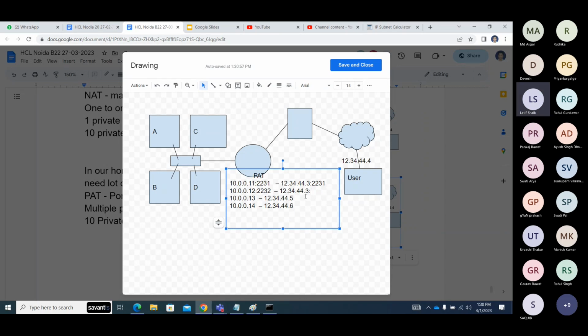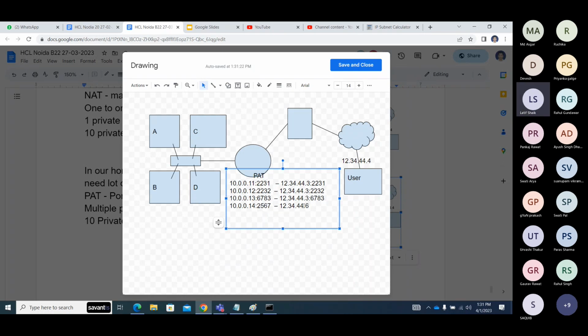Public IP address is one, but private IP addresses can be different. Public IP address is always the same, private IP address is different. But how will it map?